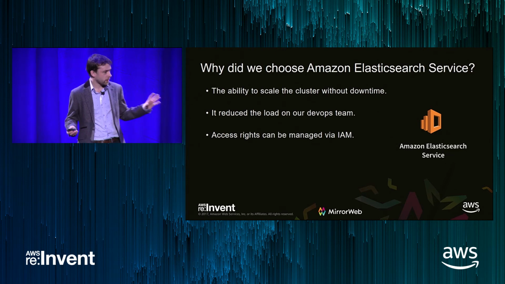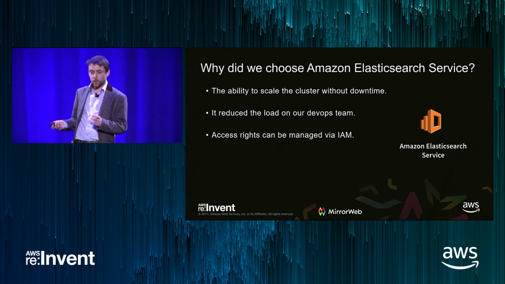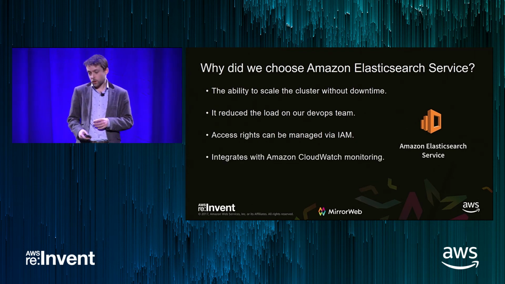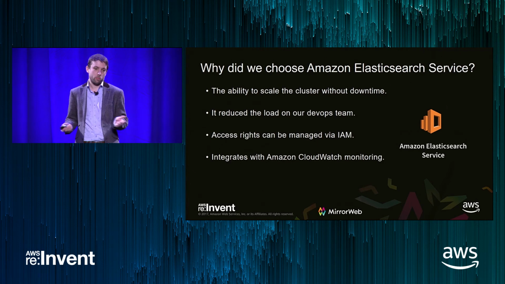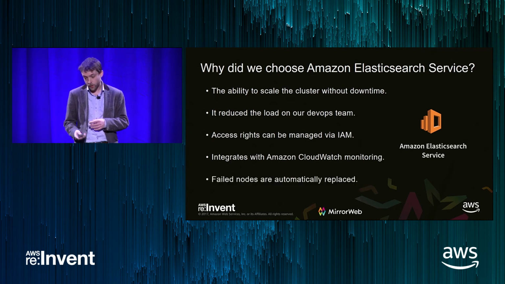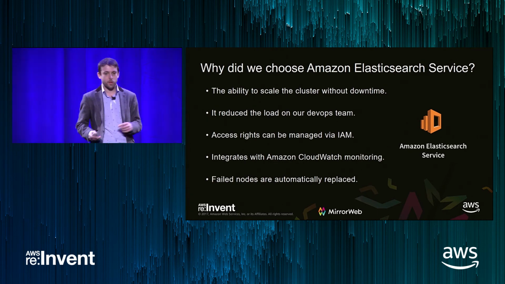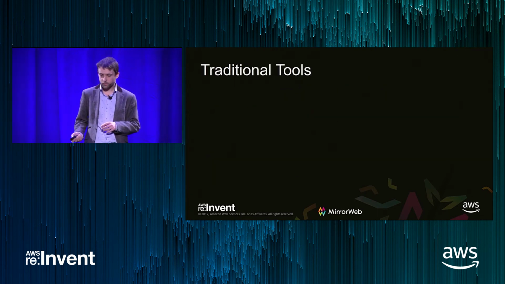Managing the access rights to Elasticsearch can be via IAM, and that's integrated into the Amazon environment nicely. And we monitor it with CloudWatch and provide alerting along with all of our other alerts. And finally, failed nodes are replaced automatically. I don't have to worry quite as much about it as I would if we were running it ourselves.